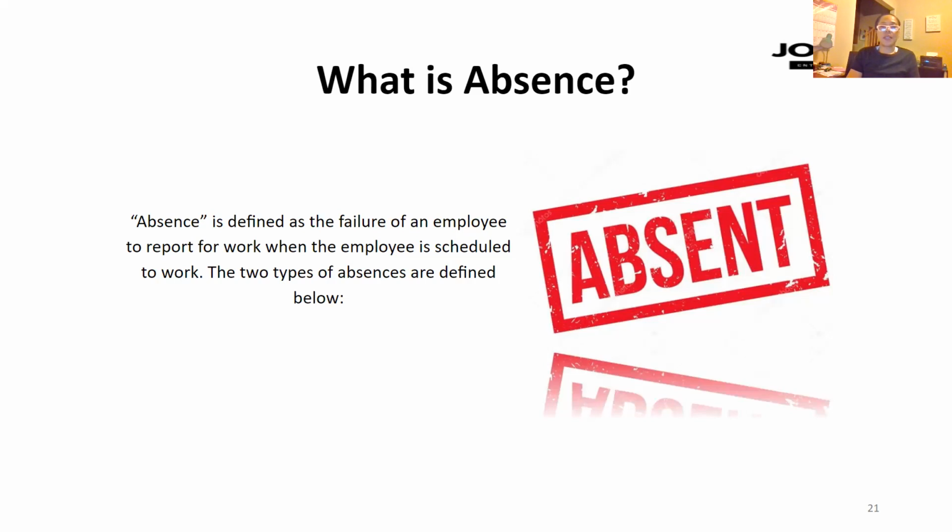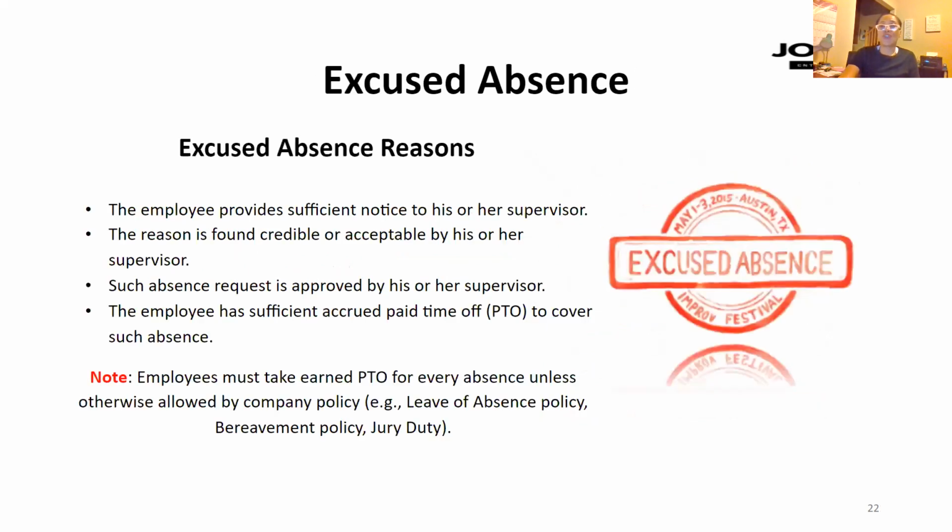An absence is defined as an employee's failure to show up for work. There are actually two types of absences, and the first one is an excused absence, meaning that you have provided your supervisor or manager with significant time to make adjustments to his or her schedule, and or have found acceptable coverage, meaning that you have contacted your team members to say, I can't come in, can you cover my shift?